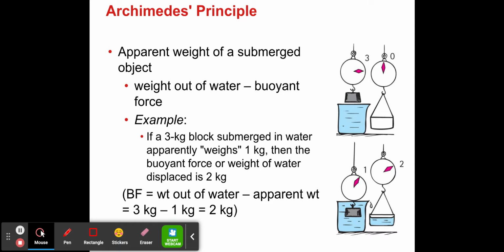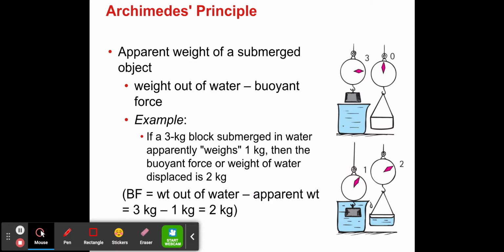So apparent weight of a submerged object, how do we calculate that? The weight out of water minus the buoyant force. So take an example. If you have a 3 kilogram block that's submerged in water, it will apparently weigh 1 kilogram.